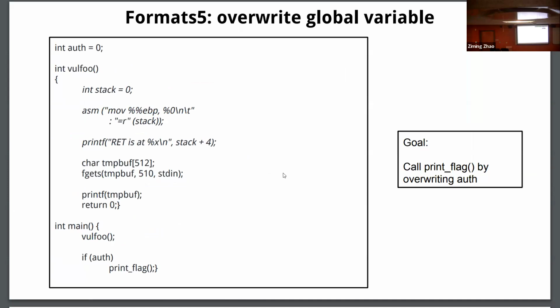So the stack will look like, we're talking about a stack of waffle here. We have the return address. We have the saved EBP. Now after that, we will have the local variable stack, which is 0.